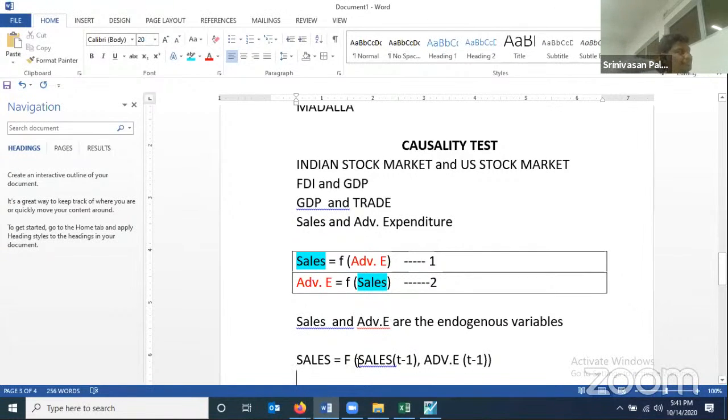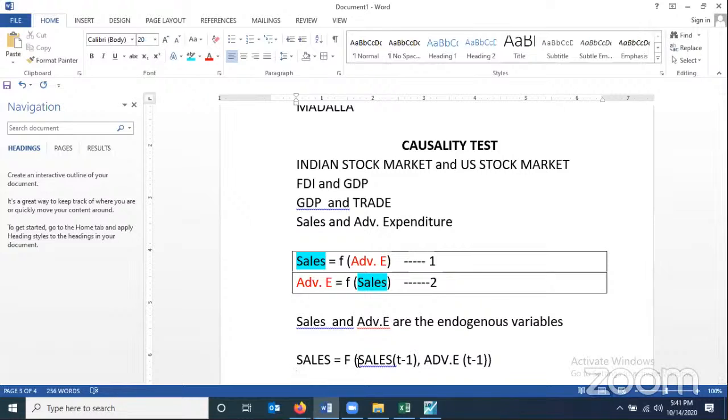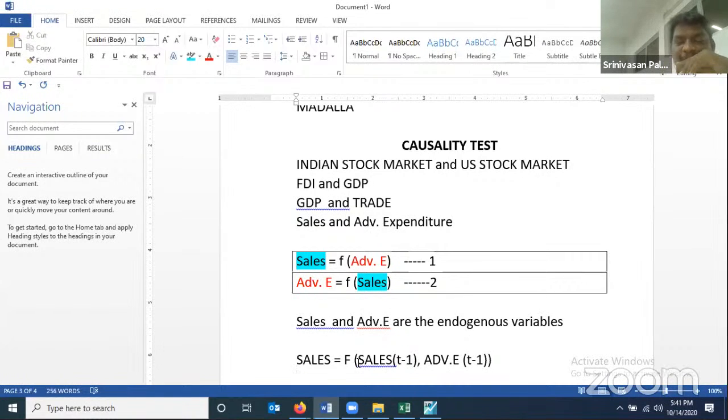Yesterday the other sir already told that if the dependent variable takes the lag of the previous year and the independent variable also takes the lag of the previous year, then that is called an autoregressive distributed lag model. I'm not teaching you the autoregressive distributed lag model here. Both are endogenous variables. Sales is influenced by its own value, the autoregressive terms, as well as the lagged value of the other endogenous variable.